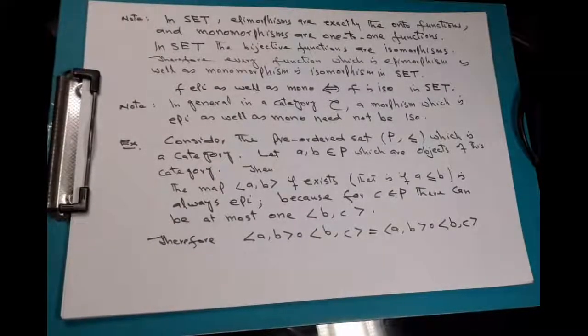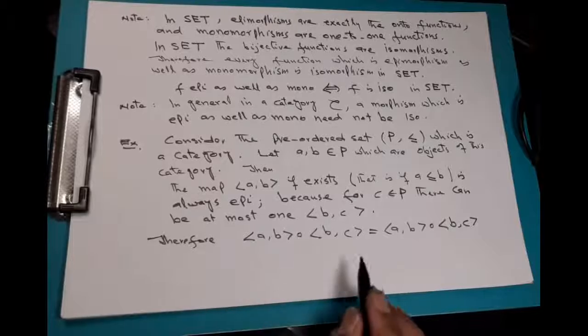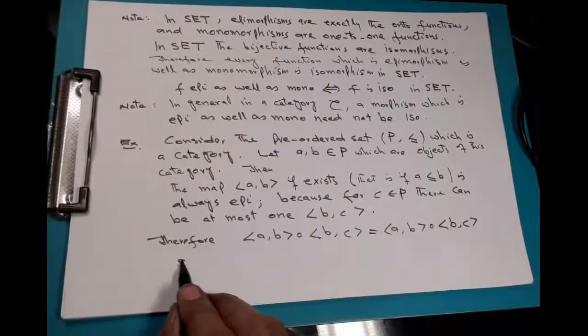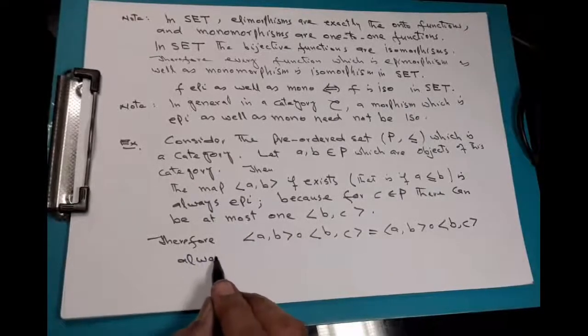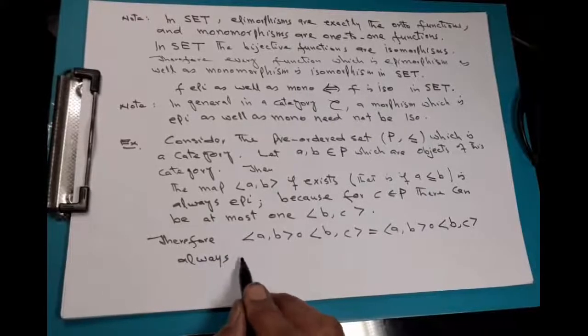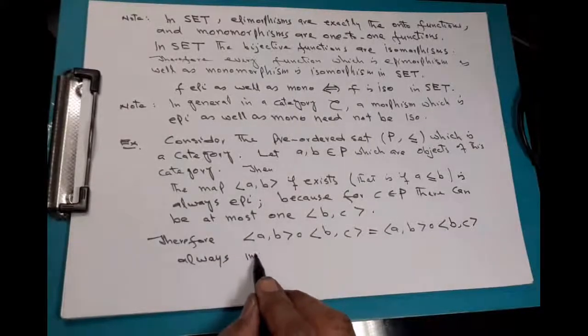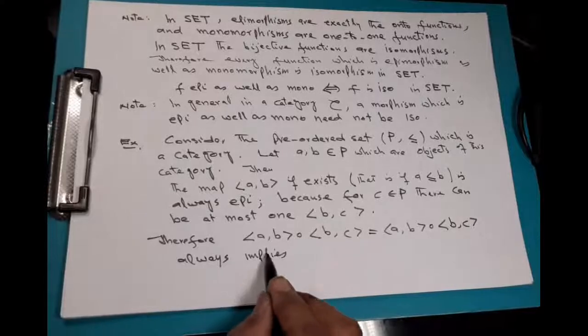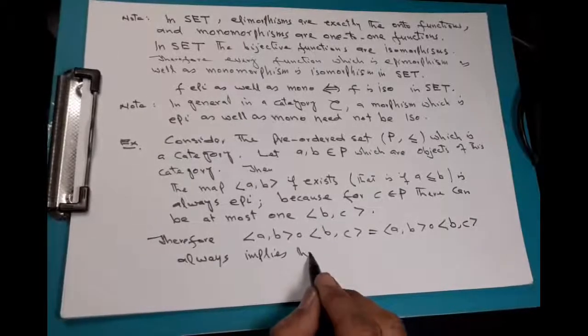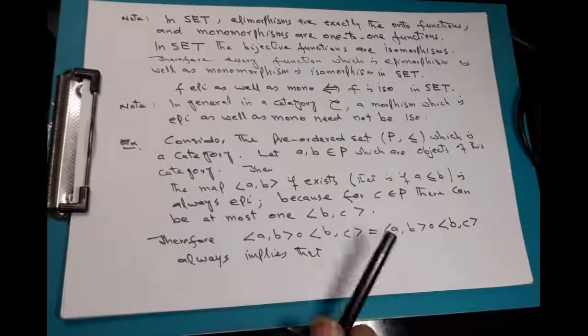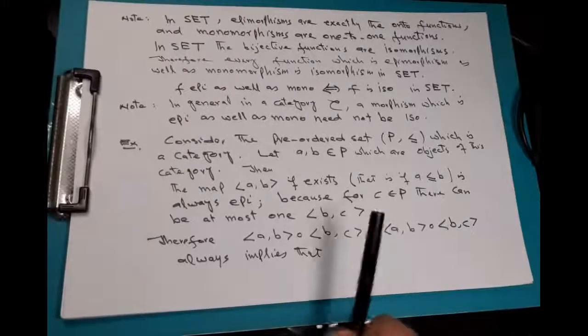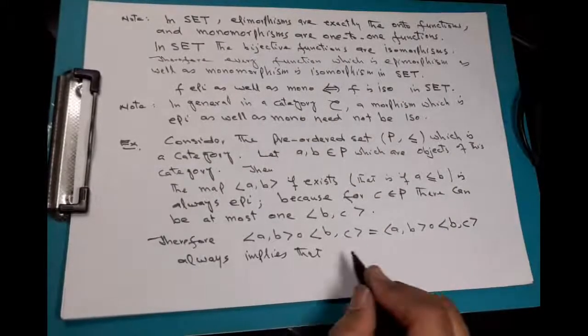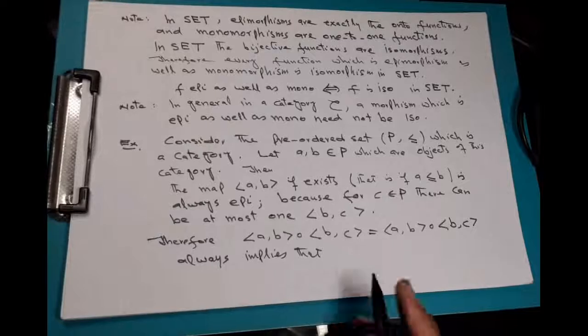This always implies that these two arrows are equal. They are equal, in fact, because there is no other arrow.